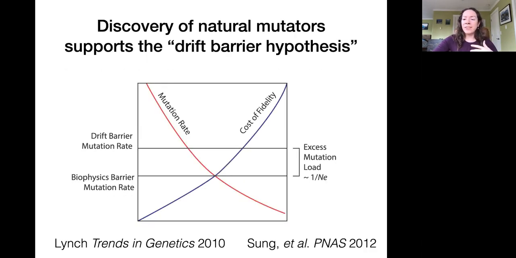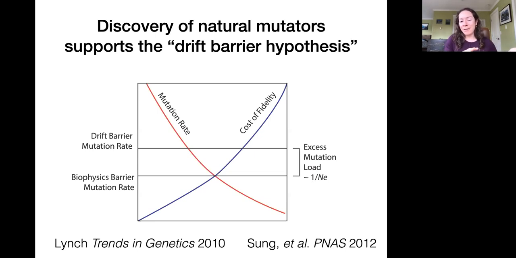So what I wanted to leave with as a takeaway from both of these stories is that we think these two different natural mutators together support this drift barrier hypothesis that's mostly been a compelling feature of evolutionary theory, but until recently hasn't had much data to support it. And basically what I'm showing you here is a supply and demand curve of the idea that on the x-axis is you spending more resources to avoid mutations, to repair your DNA.